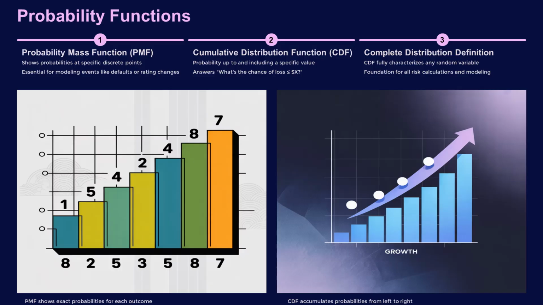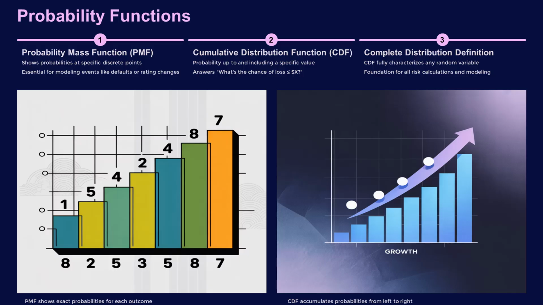Probability mass function and distribution functions. For discrete variables, we use the probability mass function, PMF. It tells us the probability of each possible value. Example: in a Bernoulli random variable with parameter p, the probability of getting 1 is p, and the probability of getting 0 is 1 minus p.